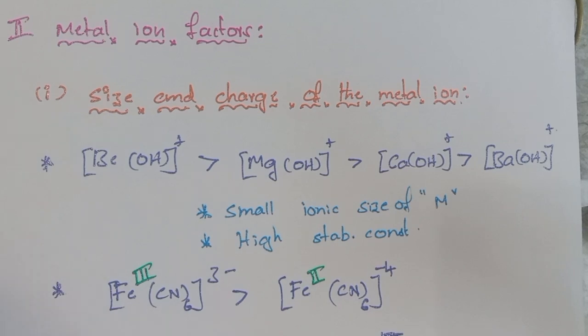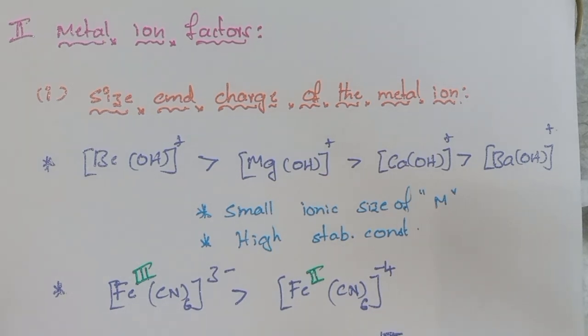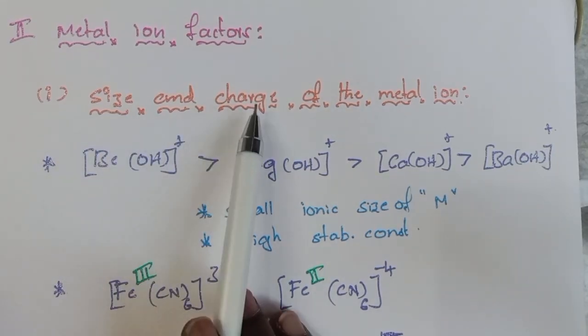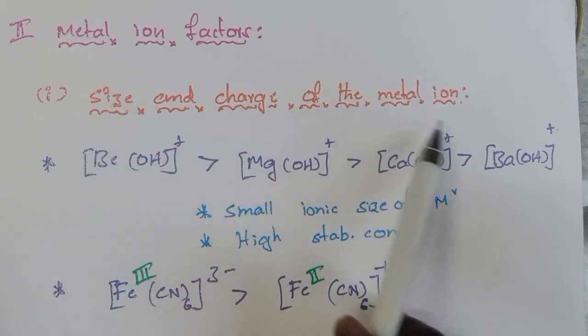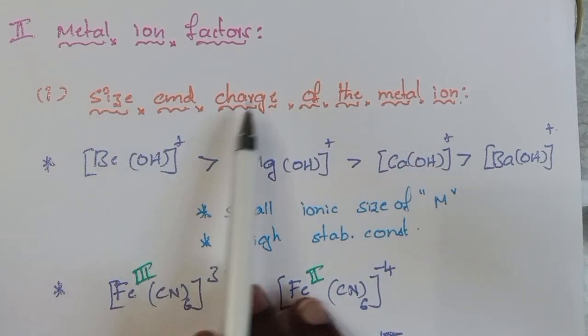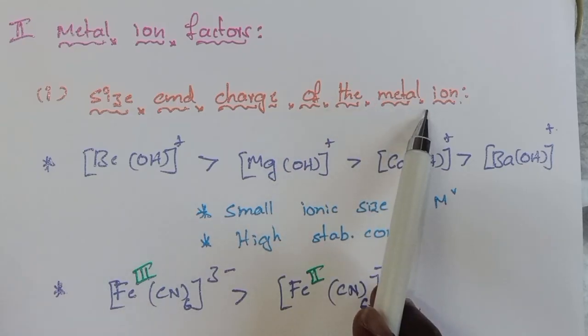Now let us see the metal ion factors which affect the stability constant of a metal complex. The metal ion factor is size and charge of the metal ion. Smaller size and high charge will form more stable metal complexes.